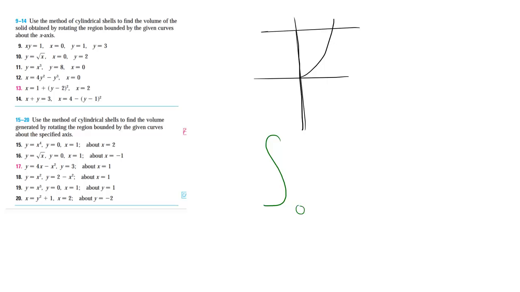Let's look then at number 11 here. Same idea. So these should get faster as you go along. So y equals 8, x equals 0, and then this part of the cube curve. We're just going to sort of set it up. The y values are going to go from 0 to 8. We're going to be dy, like we said before, because of where we are rotating to get our volume.